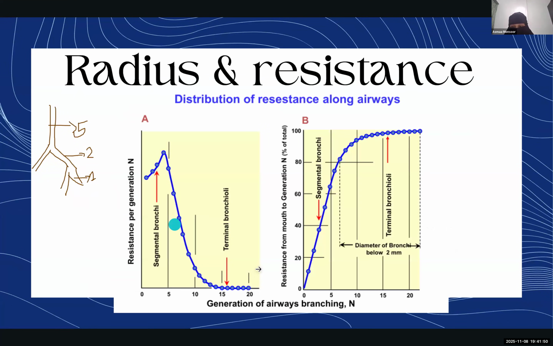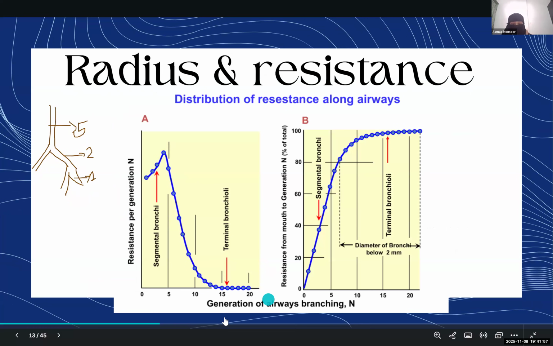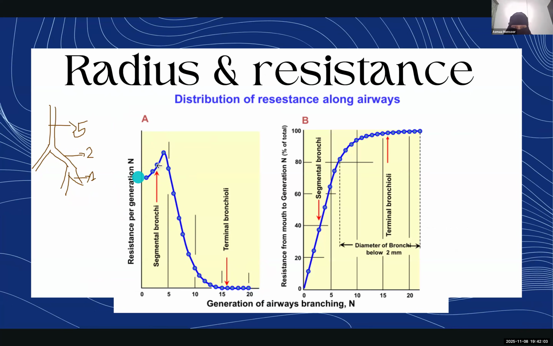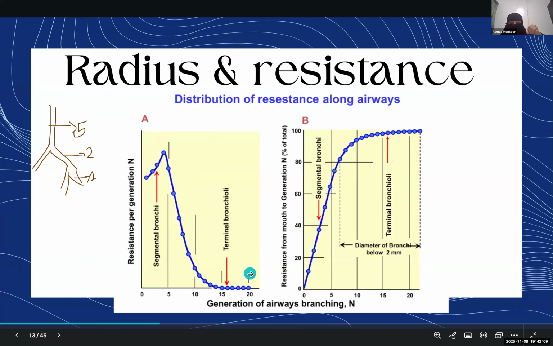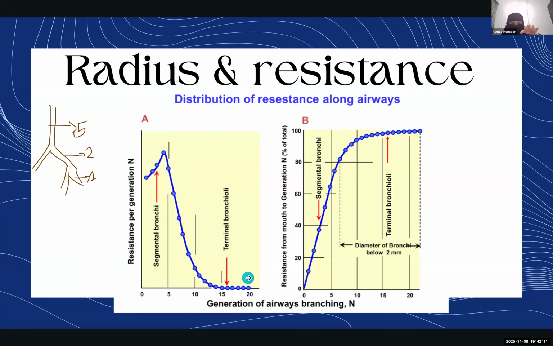Do you need to memorize every single part of this? No. You just need to know the concept, which is, number one, in the lower airways the resistance is low, and in the upper airways the resistance is high. The resistance will increase a bit and then start decreasing because as the bronchi divide, initially the radius becomes smaller, until the number of bronchi is large and the total radius is large, and the resistance decreases.